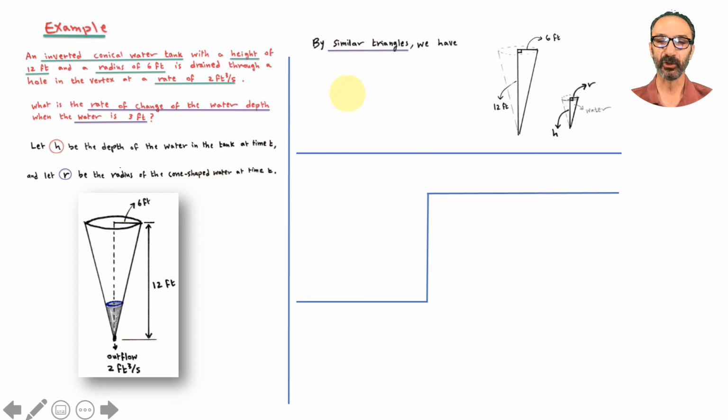Similar triangles, you could build proportions. As long as you stay consistent, you should be fine. You could go 6 to r, 12 over h. You could go h to r, any way you want. I'm gonna go h to r equals 12 to 6. Cross multiply, divide by 6. You get h equals twice r, which makes sense. If this is twice this, this should be twice this.